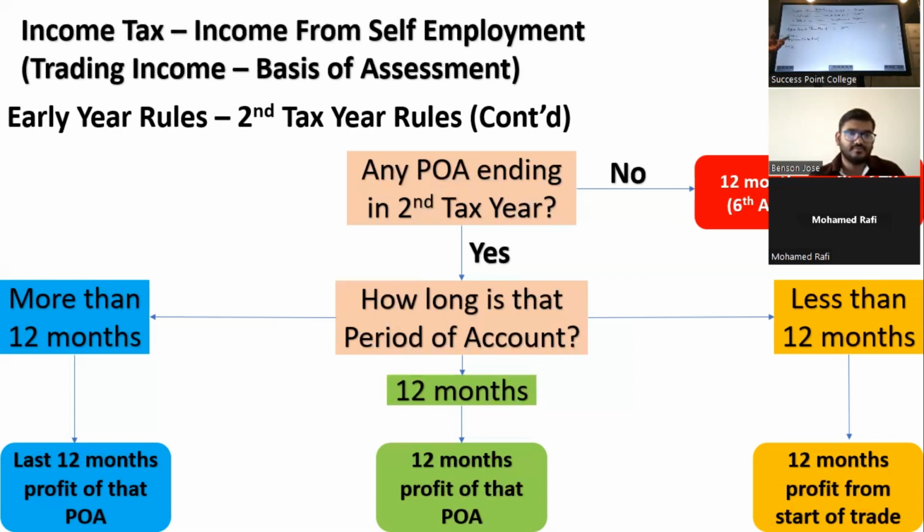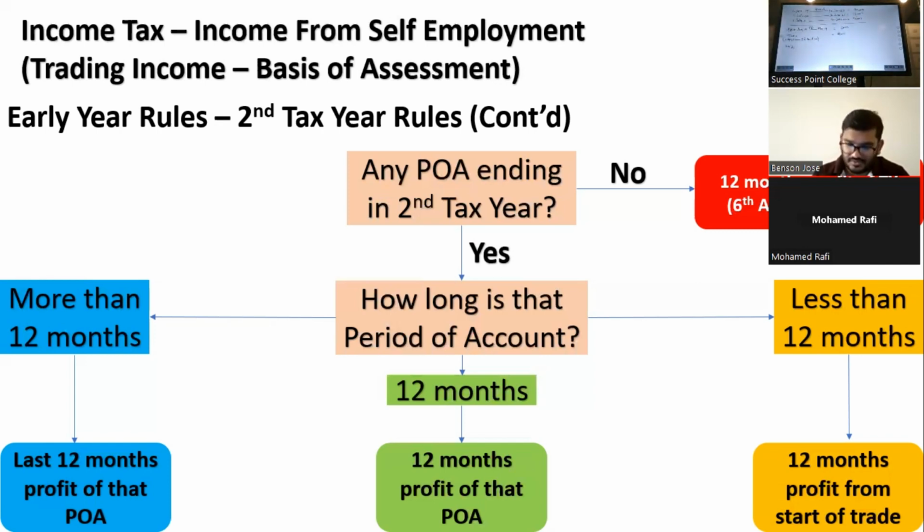So answer is no. In case of no, I will assess the profit of these tax years. Means April 19 to April 20, or you can call it the March 19 to April 20. These 12 months profits will be taken. 12 months profit will be 60,000 because these are the 12 months profit again taken from the first one.